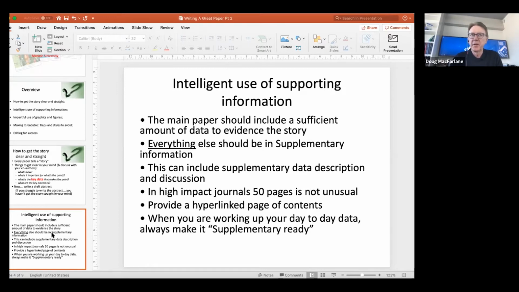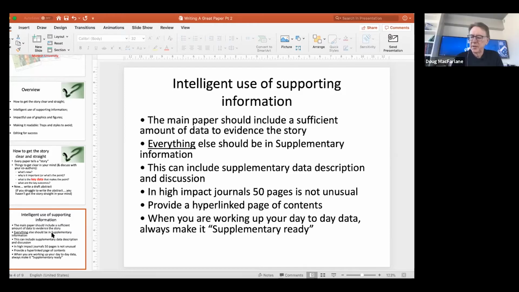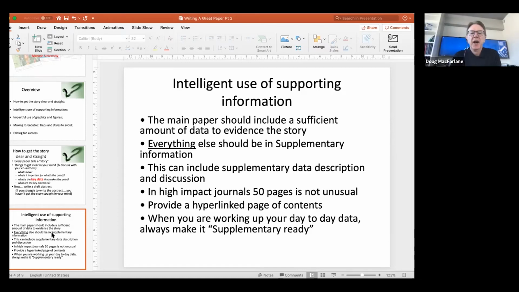In other words, make them so that when you've finally put this into a PowerPoint to show in any presentation, it's already formatted. The fonts are the right size, and everything about it is literally ready to be used, so that you don't have to go back and redo things.